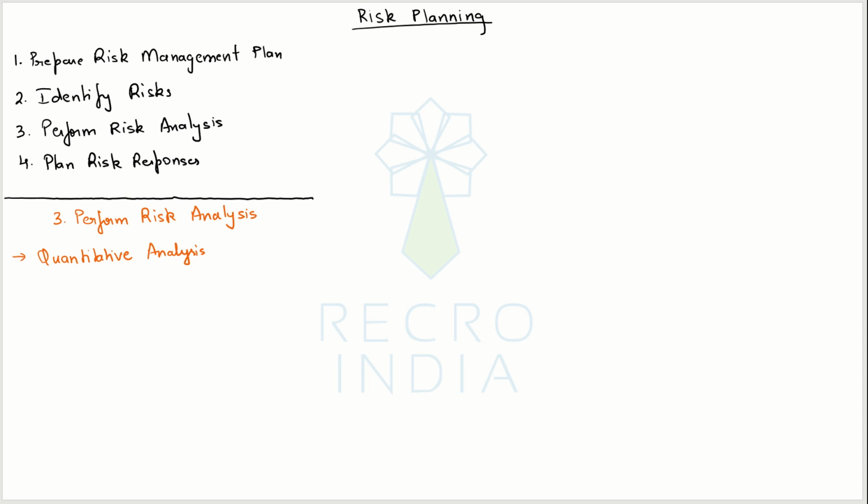But when it comes to quantitative, we want to understand the totality of the risks, as in how all the risks together can create an impact on my project objectives. So let's get started without any further ado.